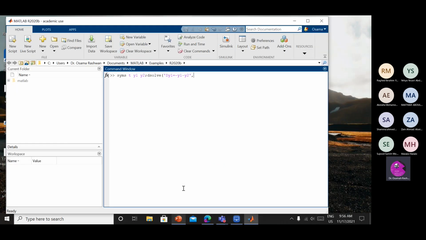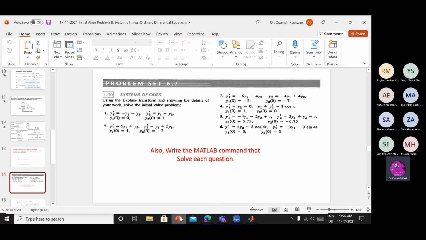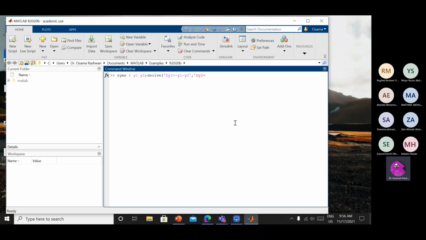How to write y2 dash? It is Dy2 equal to, okay, Dy2 equal to y1 minus y2. Okay, finish this one.